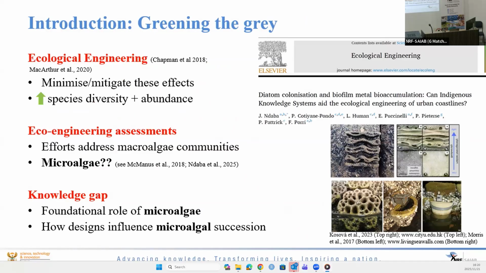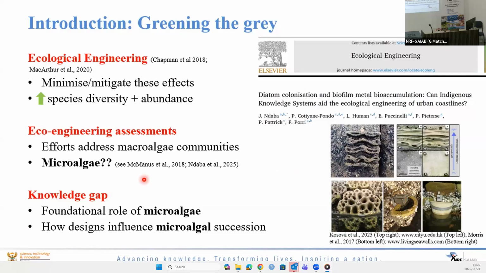substrates by incorporating biogenic elements such as bivalves and structural elements by mimicking natural habitat features such as rock pools and crevices. So several studies have indicated an increase in species diversity and abundance on these designs. And while most eco-engineering studies have mainly focused on conspicuous taxa such as macroalgae, fish, and bivalves, microalgal assemblages such as diatoms have received less attention, with only two studies that have considered them.